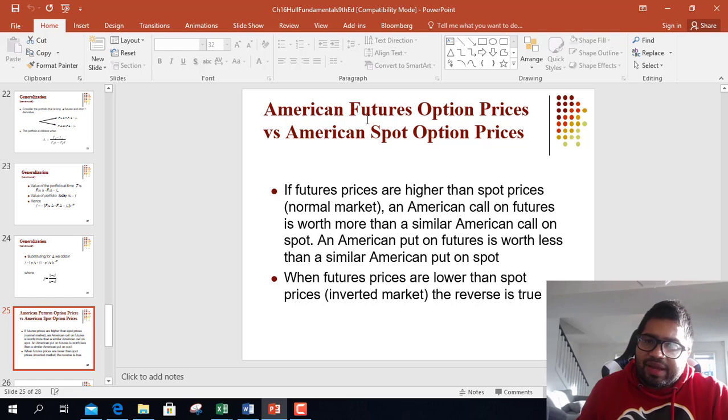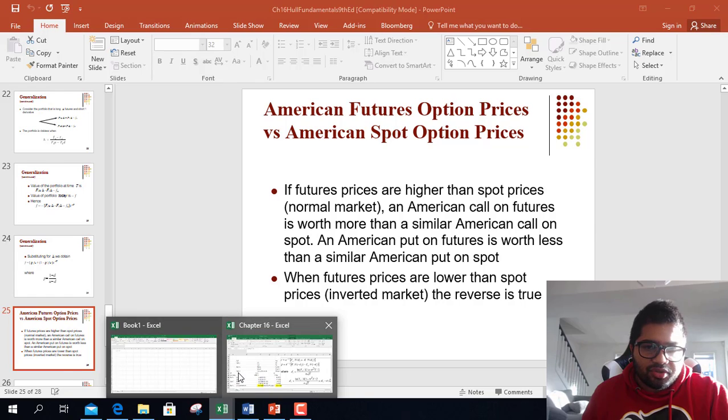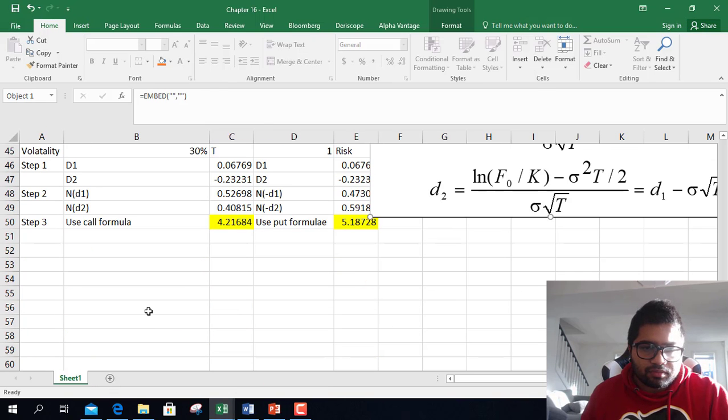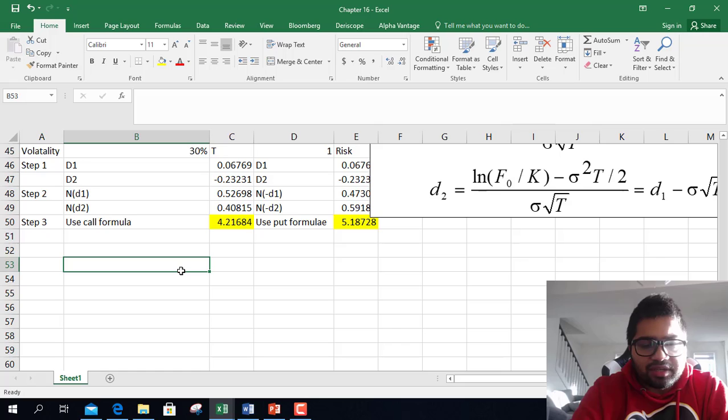Now, American futures option prices versus American spot option prices. If future prices are higher than spot prices normally, okay, this is important, so I'll explain it to you. There can be two situations.